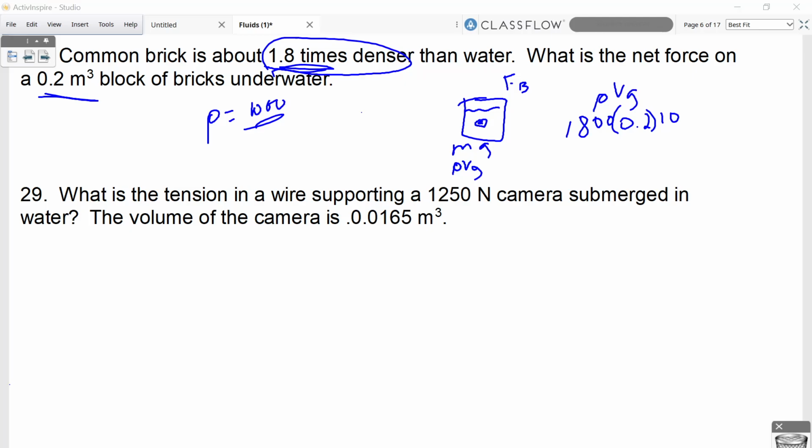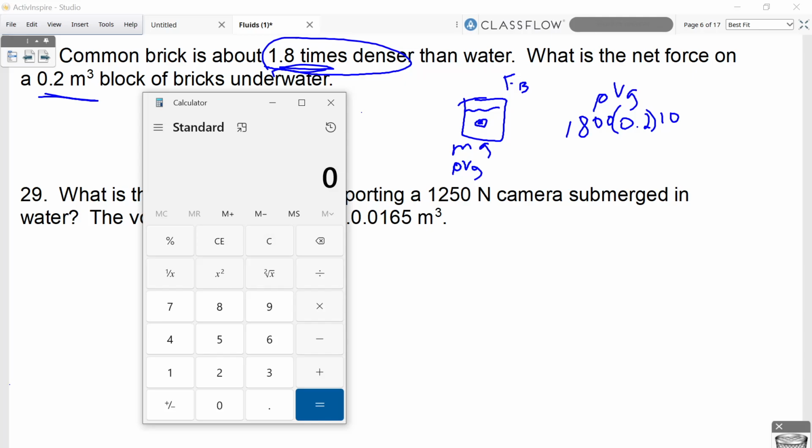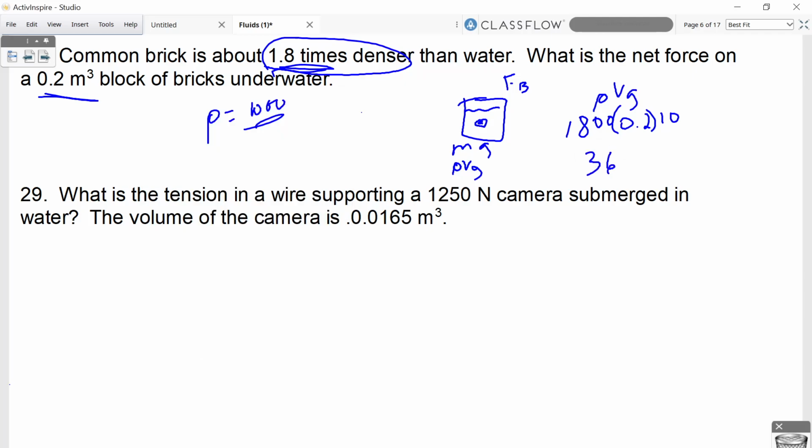So when I multiply my two numbers, I get 3,600. That's supposed to be the weight of the brick, right? It's pulling it down this much, okay?